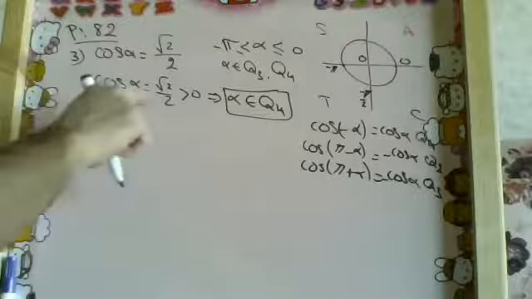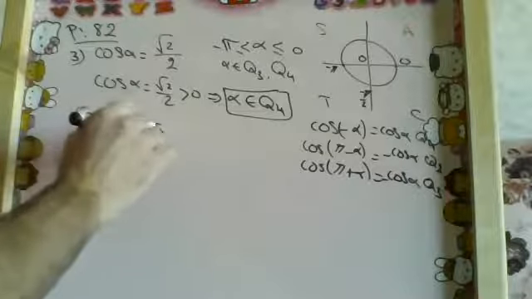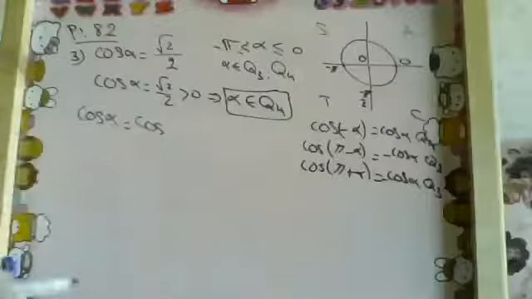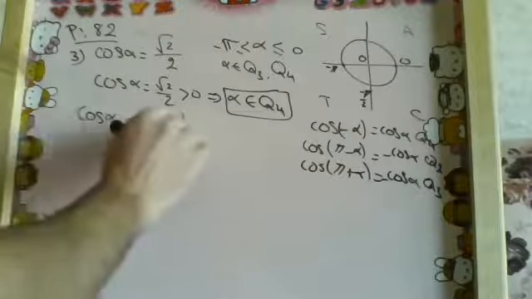But before that, radical 2 over 2. From the table, cosine of what is equal to radical 2 over 2? Pi over 4.